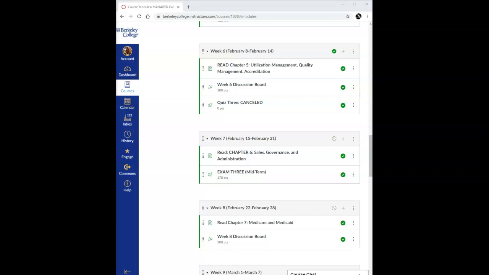Again, we spoke about this in the chat, but by now you should know the difference between your premium, your deductible, copay, and coinsurance. You should know the difference in those. This you should also know.